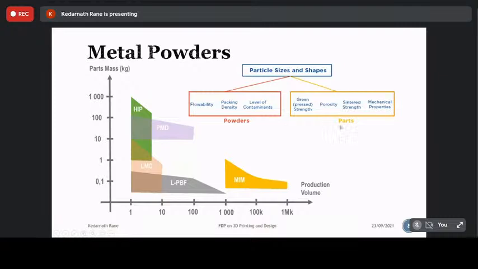At the part level, the green strength is important, because after injection molding the part should be handled carefully, since it is fragile and not sintered. The level of porosity at the later stages, sintering strength, and mechanical properties are the important aspects to consider during the metal injection molding process.